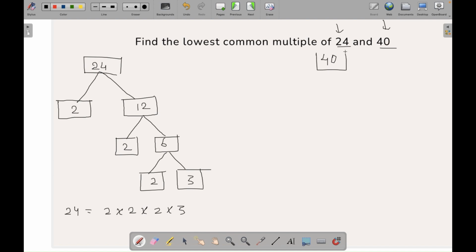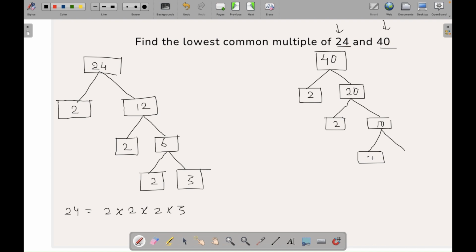Right? Start with 40, then build the factor tree using the smallest prime number, which is 2. And if you multiply this with 20, we get 40. Again, I have 20. If I divide 20 by 2, I get 10. So 2 times 10 is 20. This is a prime number, so we stop. This is not a prime number, so we continue.